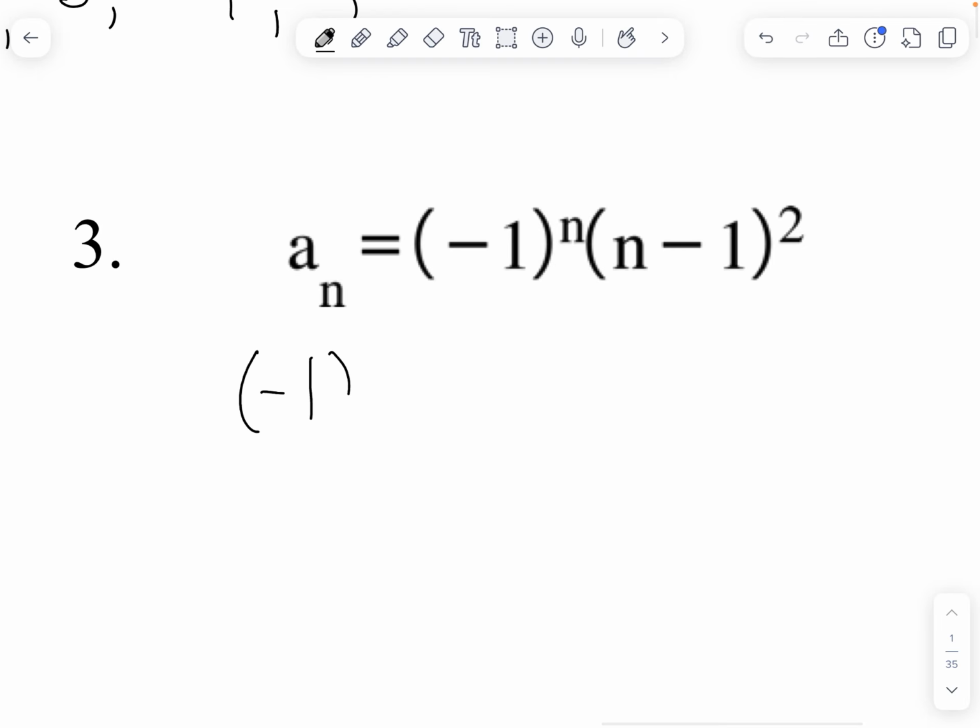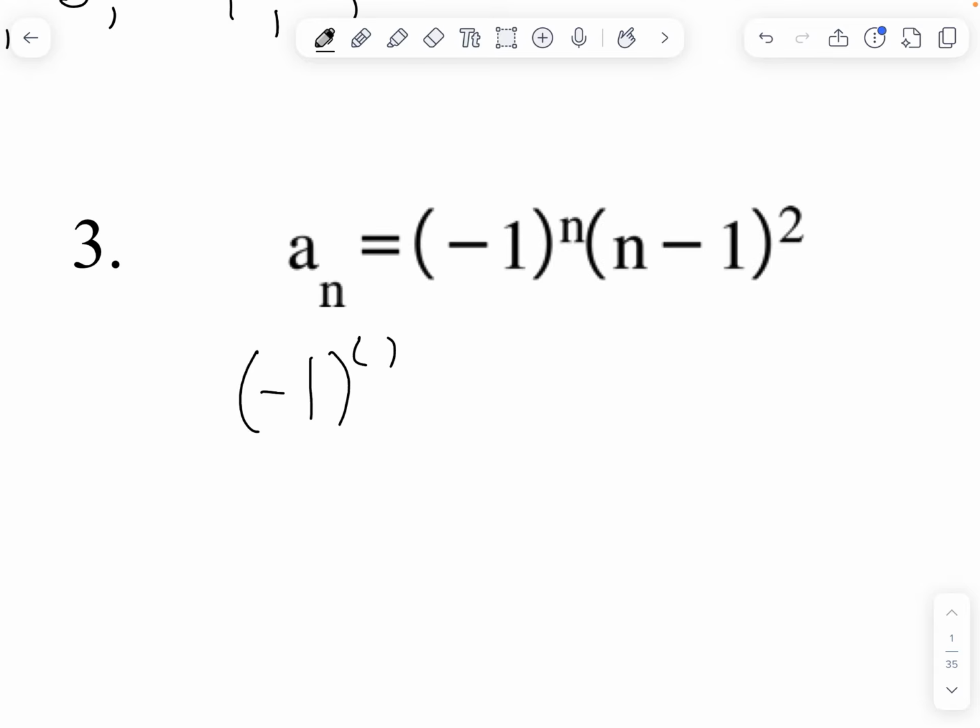This is negative 1 to the power of, hang on, just give me 1 second. Okay, so this is negative 1 to the power of the n, and I promise this is in tetration.